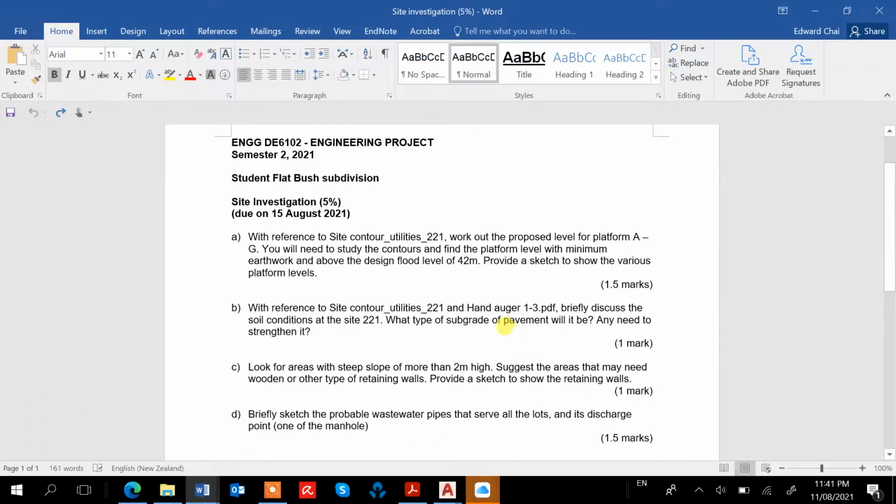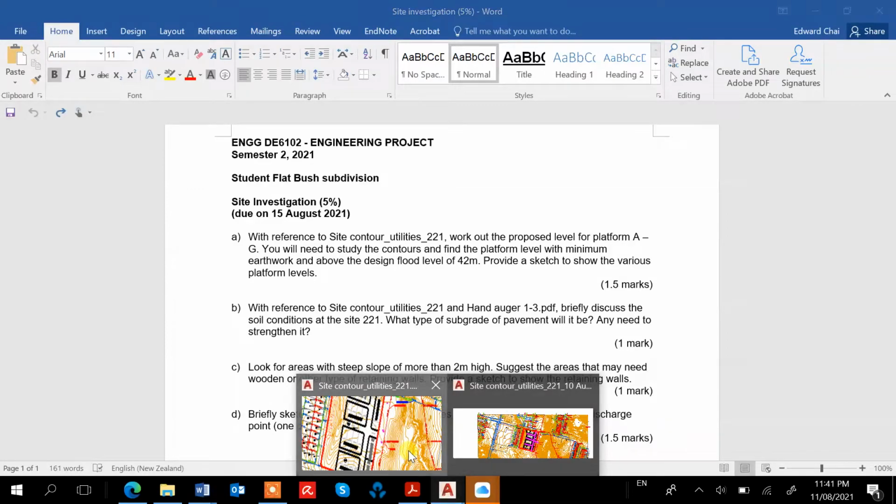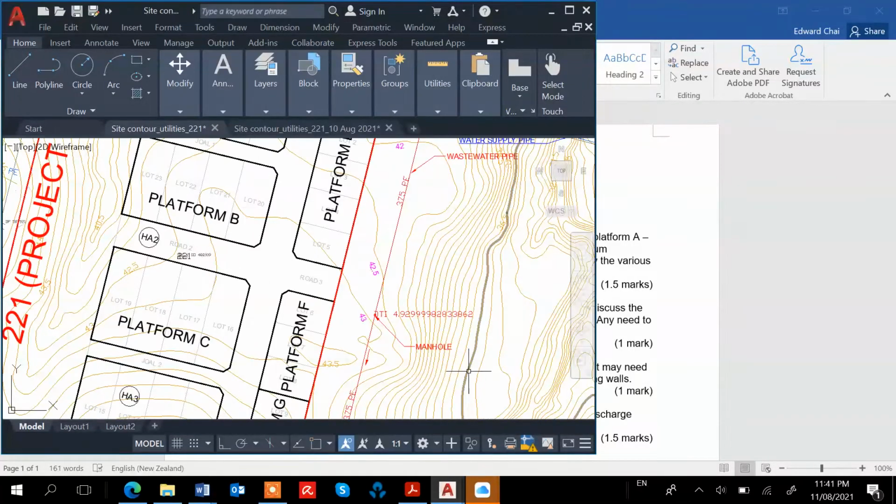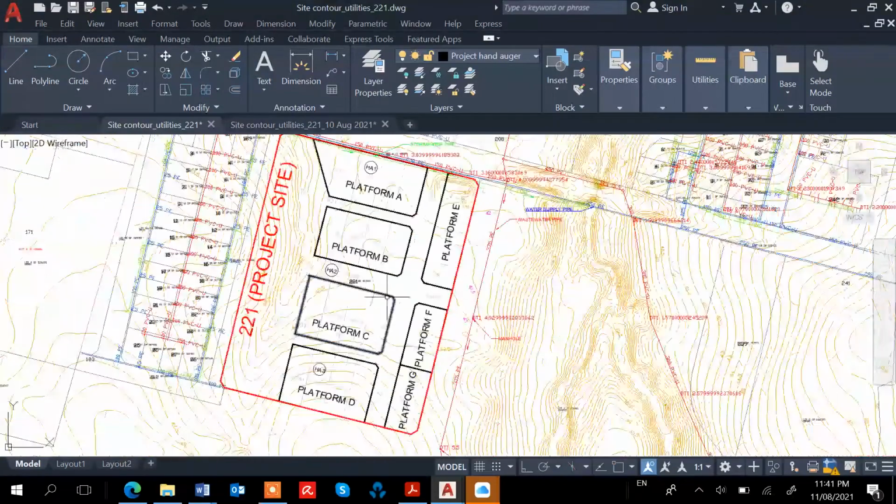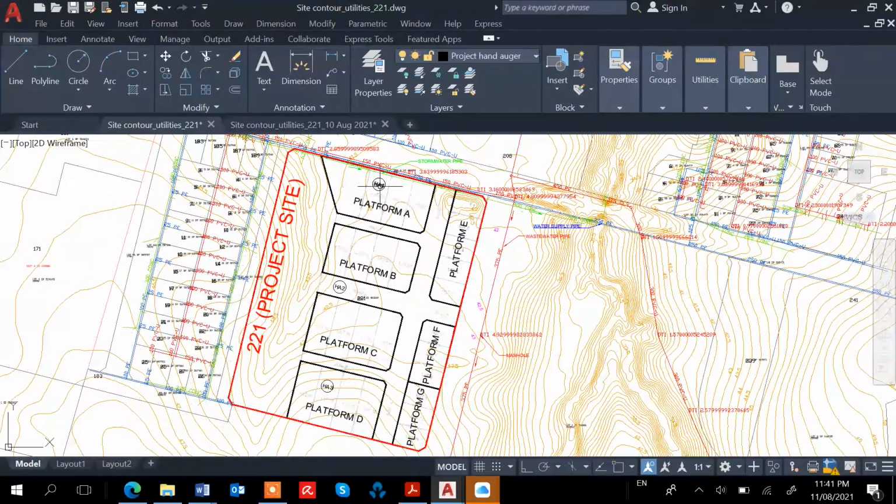So I assume three borehole results need to be studied. The hand auger results will be HA1, HA2, HA3. You need to study them.